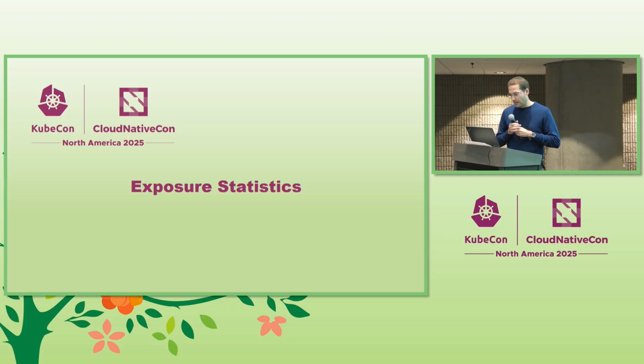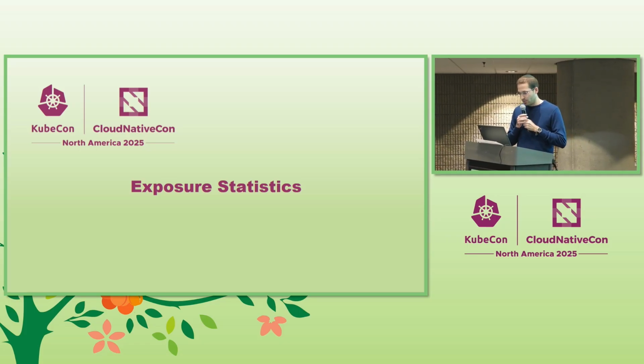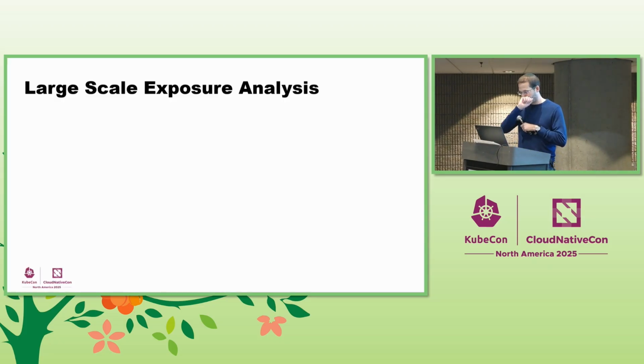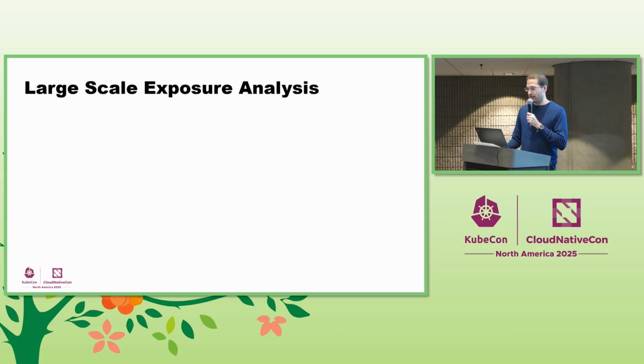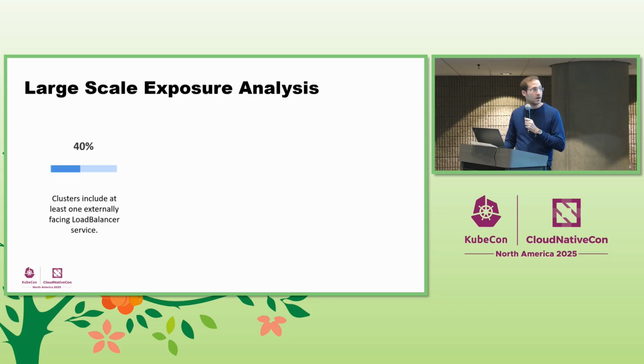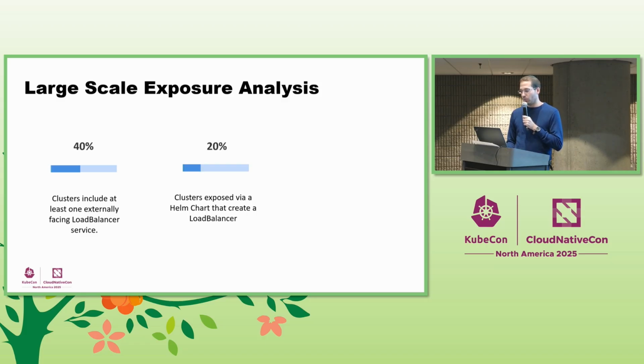Okay. So now let's talk about statistics of what we saw. So we performed a large-scale analysis of thousands of Kubernetes clusters, and that's what we saw. 40% of the clusters have at least one external-facing load balancer. 20% of the clusters are exposed by a Helm chart that creates a new load balancer.